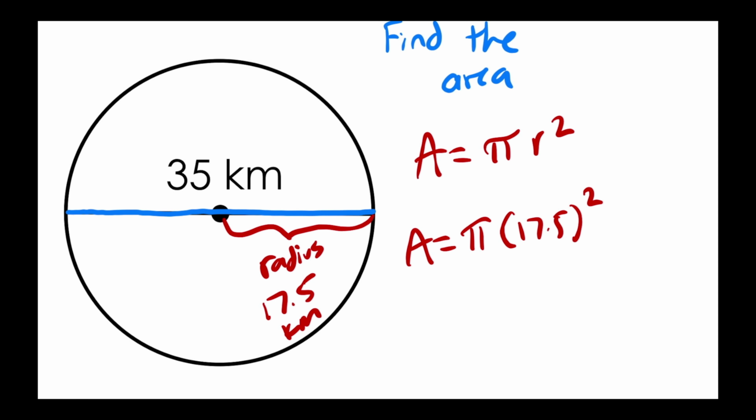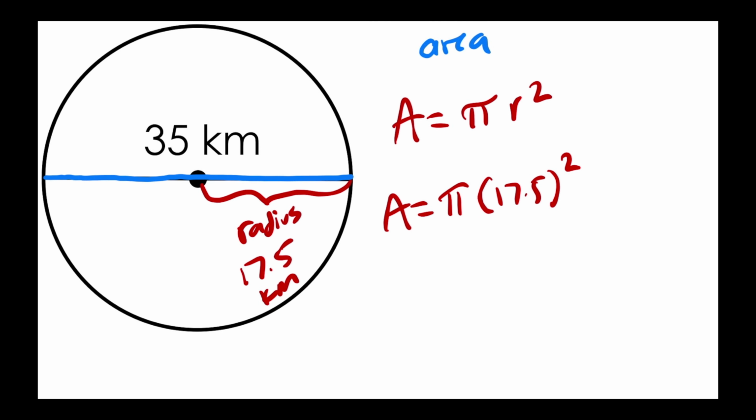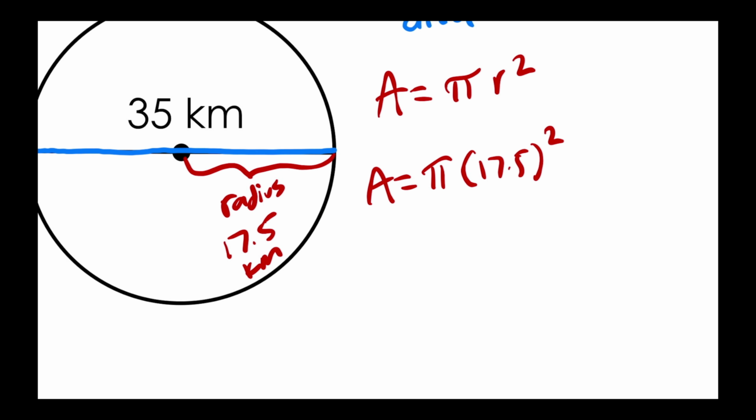And then we can do that a couple of different ways. We can just say, okay, let's do this using 3.14. So area equals 3.14 times 17.5 squared, which is 306.25.